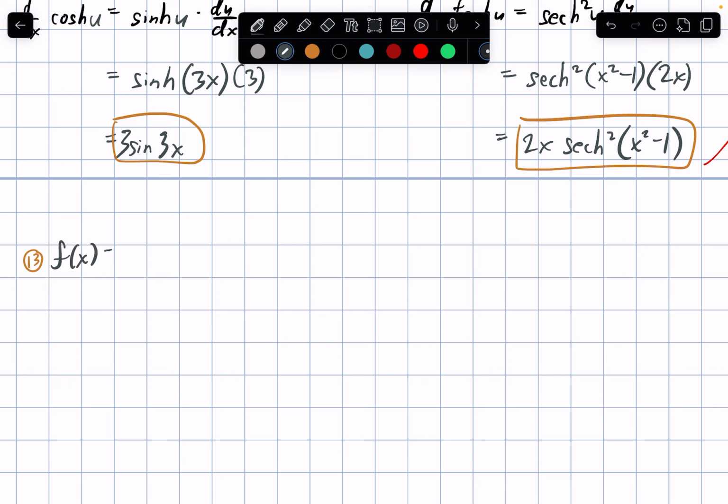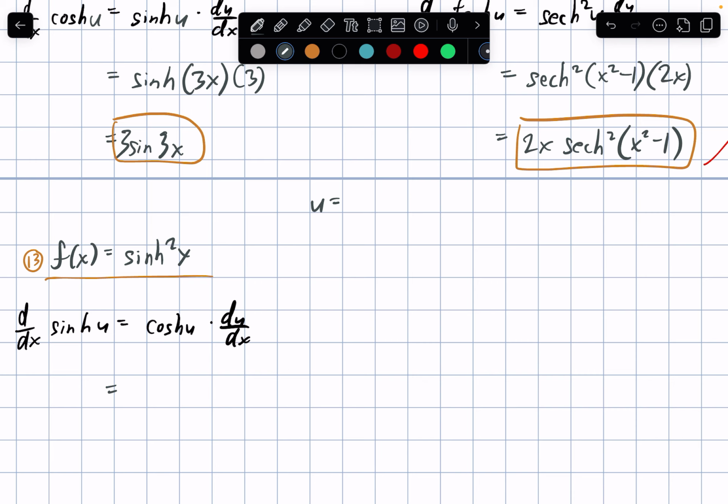All right, number 13. f of x is equal to sine h raised to 2x. The derivative of sine hu is equal to cosine hu times du over dx. So our u is identified to be, okay, what's going on?